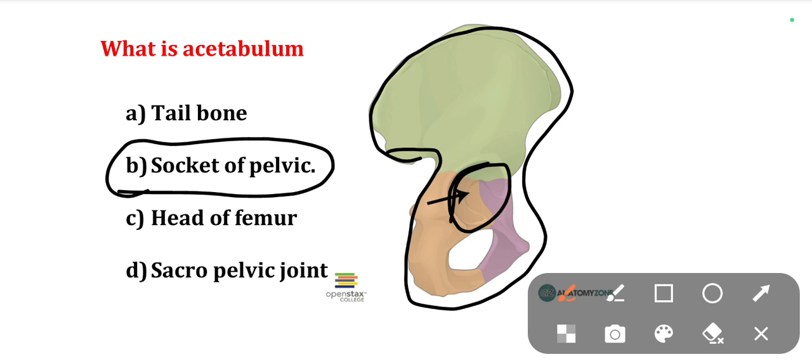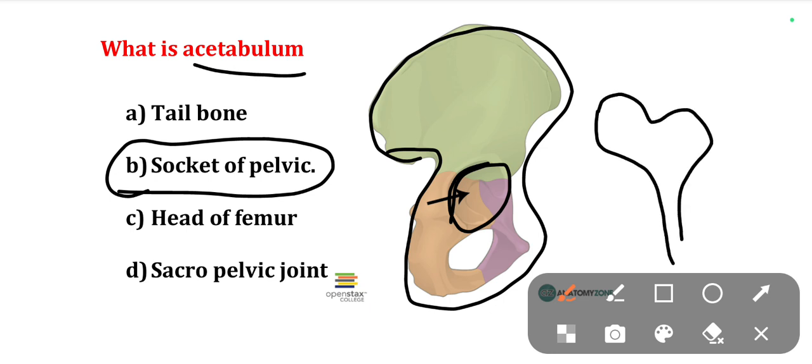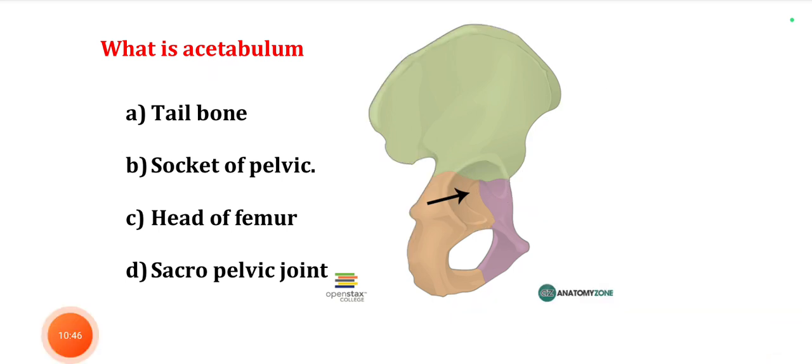Socket is like a bowl. So this is called acetabulum. Here the joint is the head of the femur. This is a femur bone, and this is a ball. This ball will be joined here. So this is called hip joint.